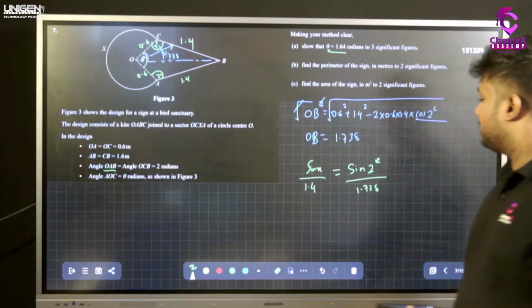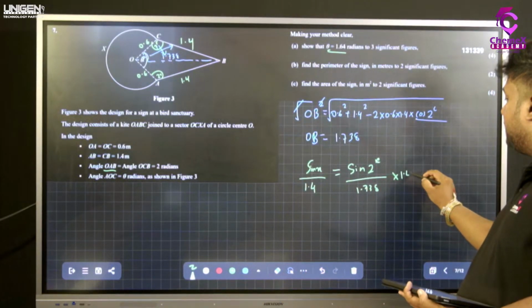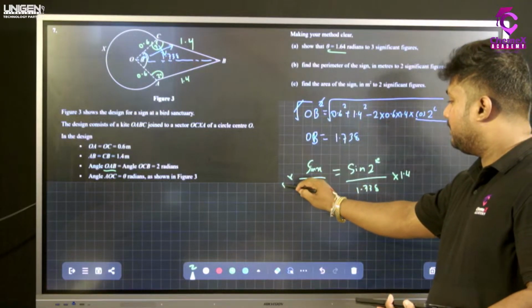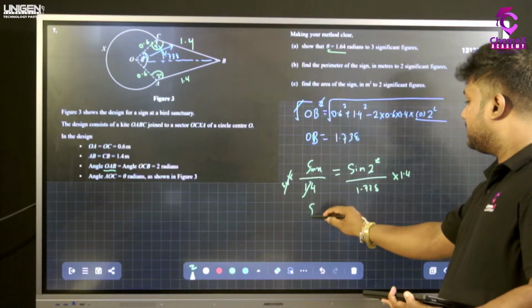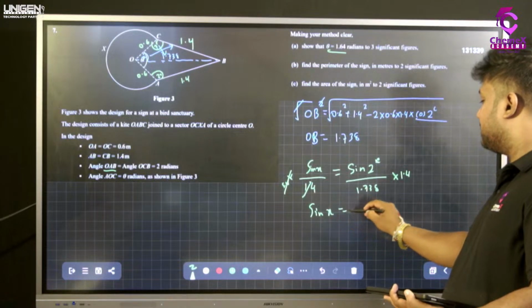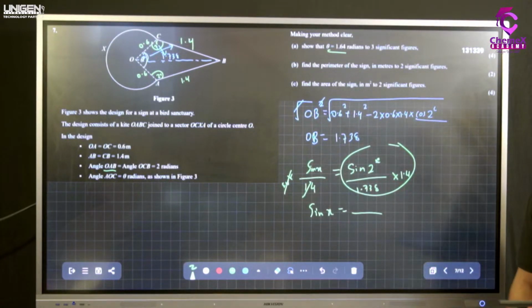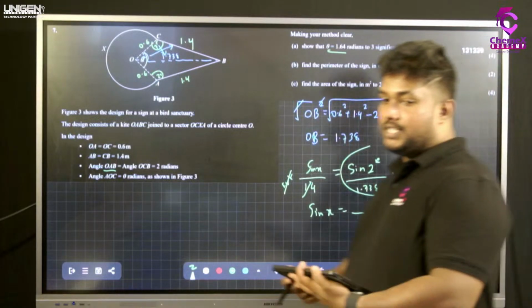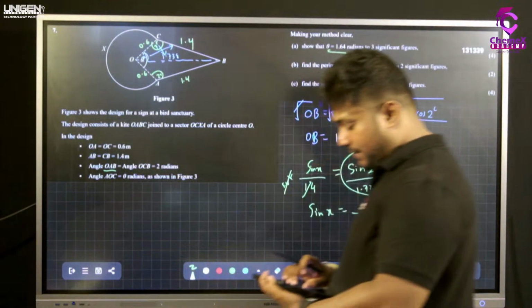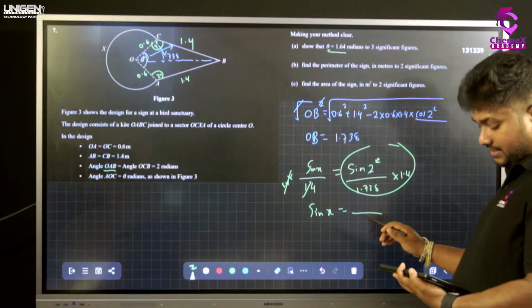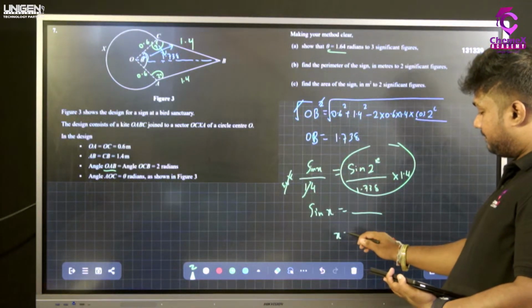You understand? So I can multiply by 1.4. Sin x equals this answer. Make sure you are in rad mode when you are typing this, because sin 2 is in radian format. So what do you get then? x is equal to what?